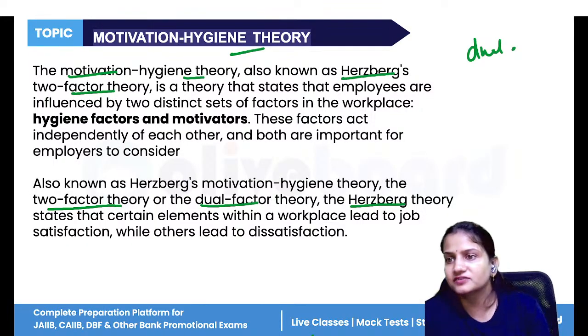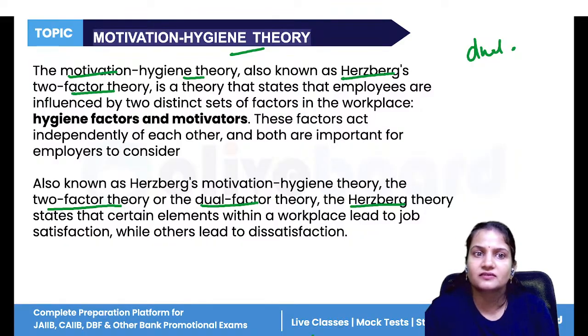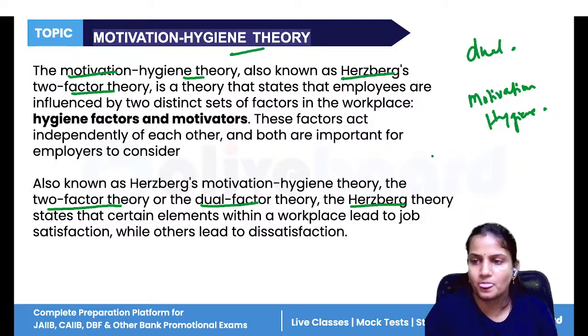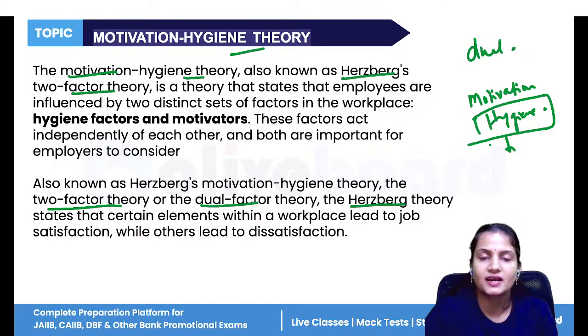Now, Herzberg says that any company should provide two types of factors. First is motivation and second is hygiene. If hygiene factors are not present in any company, then the employees of that company will get dissatisfied.